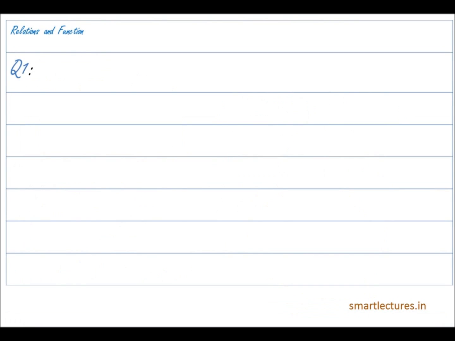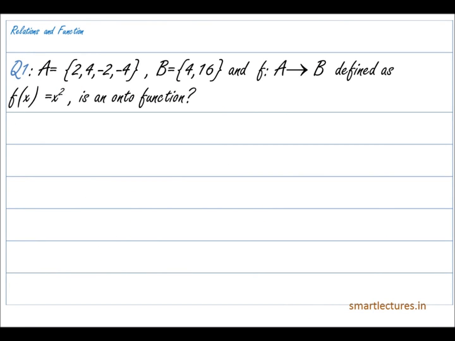Now let's solve some questions. Suppose we have a set A which contains 4 elements: 2, 4, minus 2, minus 4, and set B which contains 4 and 16, and we have a function f from set A to set B which is defined as f of x is equal to x square. Now, is this an onto function?